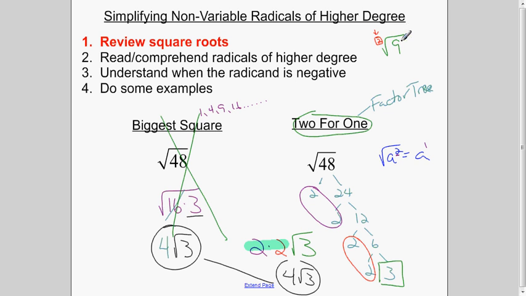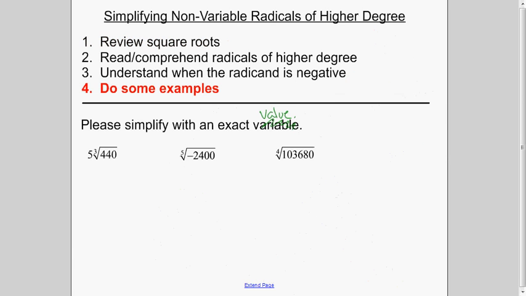So you can generalize this: when we did square rooting, we actually did the 2 for 1 method. As we now elaborate and do things like cube rooting, we're just going to use the 3 for 1 method. And for fifth rooting, we're going to use the 5 for 1 method.